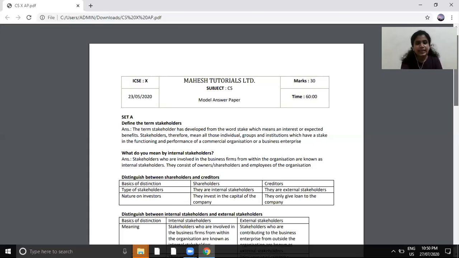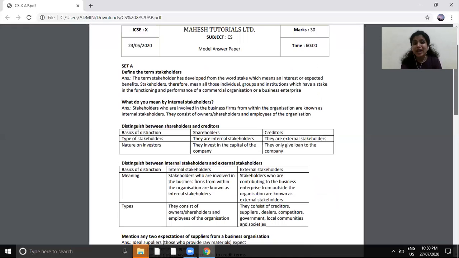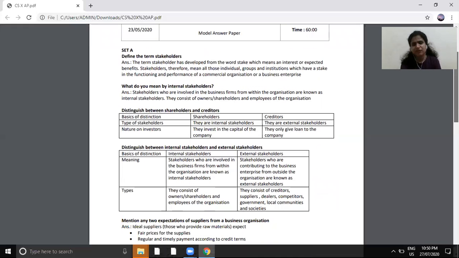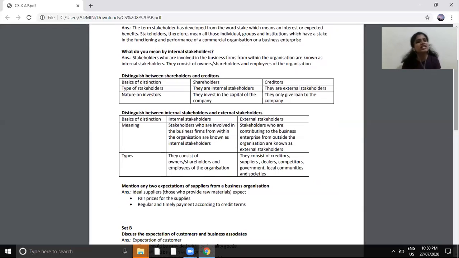Now, the next question is question 1D. Again, a distinguish between or a difference between internal stakeholders and external stakeholders. Again, you will write the meaning here. You have written the meaning and the types. Now, these are the easiest distinguishing points between internal and external stakeholders. So we've taken that.